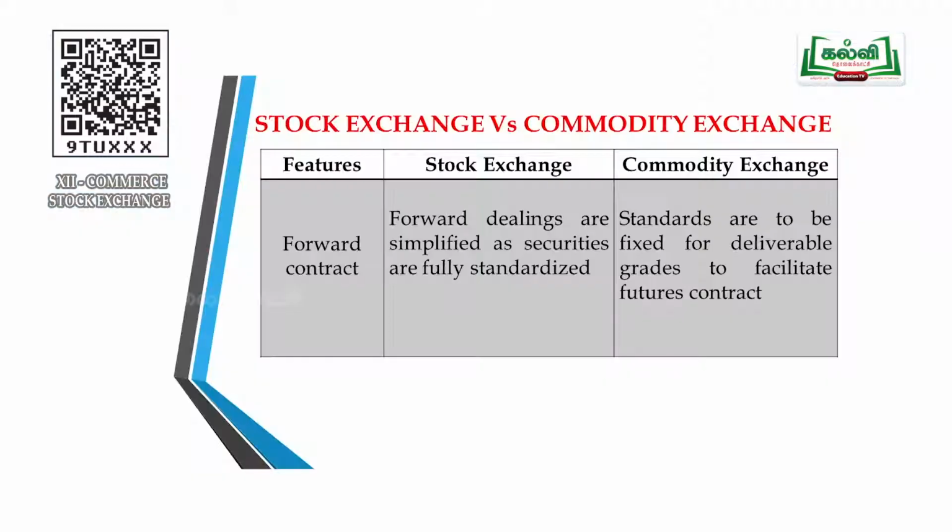And next is the forward contract. What's a forward contract in the stock exchange and the commodity exchange? The forward dealings are simplified as securities are fully standardized. But in a commodity, the standards are fixed for delivery grade to facilitate the future contract. And next is cornering.